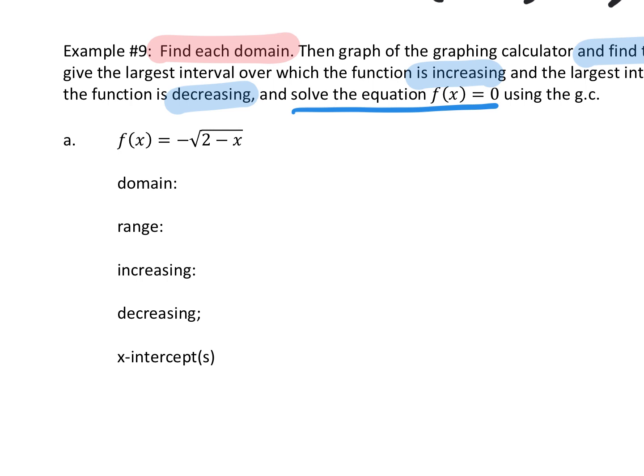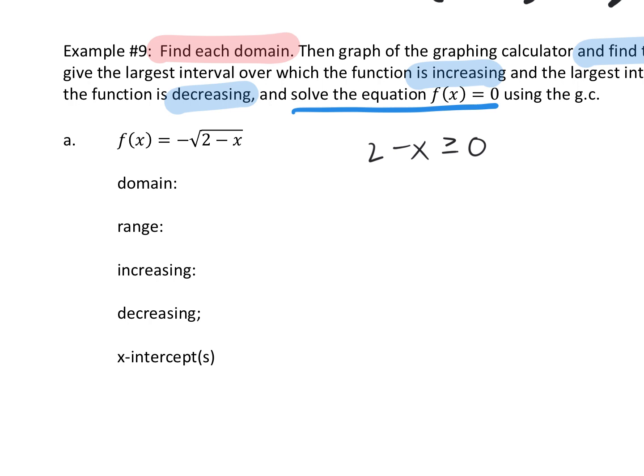Looking at this function, is it an odd or an even root? It's even. So I have to set up an inequality, 2 minus x greater than or equal to 0. I don't care about the negative in front. I care about what makes the stuff underneath the square root greater than or equal to 0. Yes, I know that negative is going to do something to my function, but right now I just need to solve this one.